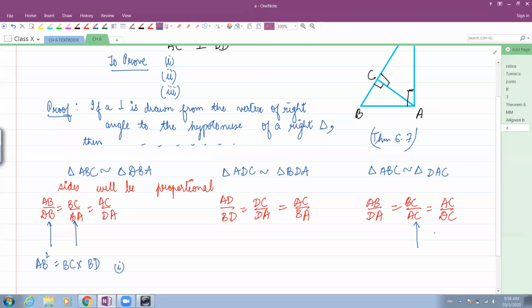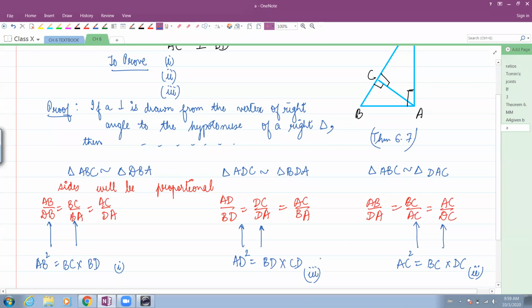This is the pair that will give you the answer. AC square equals to BC into DC. This is the second part. And then the third part is AD square equals to BD into CD. That's your result.